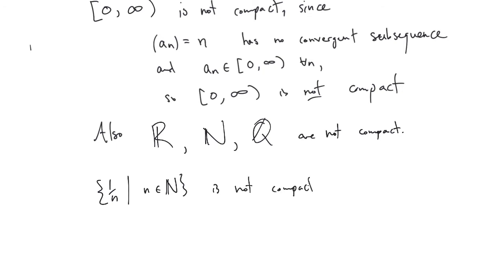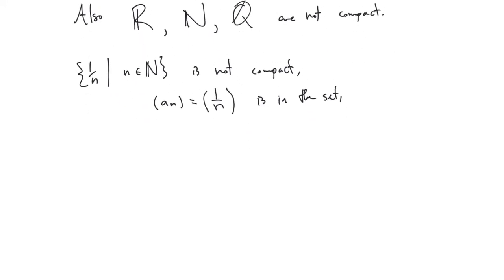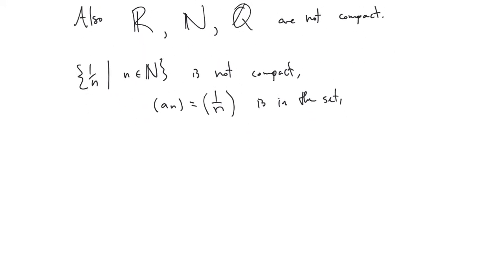In fact, you just use this as the sequence, right? This sequence, a_n equals 1 over n, is in the set, all those terms are in the set, but the limit is outside the set.